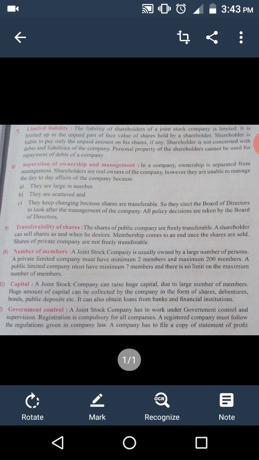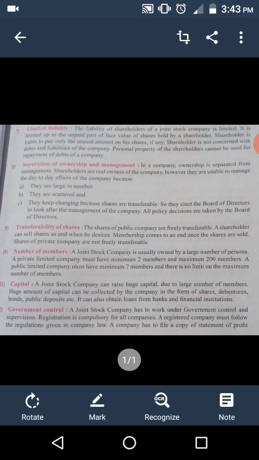That is voluntary membership. This is the first feature of joint stock company. Membership of a member, that is shareholder, comes to an end when the shares are sold.